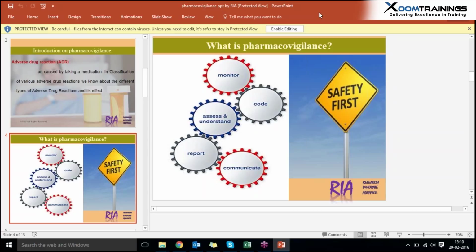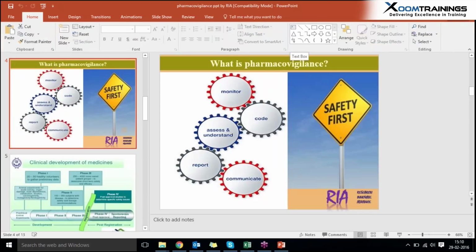Now, if the drug showed some side effect and the side effect is completely related to the drug, then we have to report it, from one responsible person to another responsible person. How are we going to report it? If you are going to report the thing to the Indian government, pharmacovigilance is the responsible body.